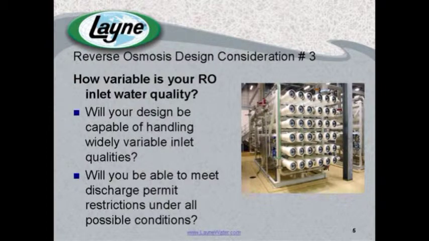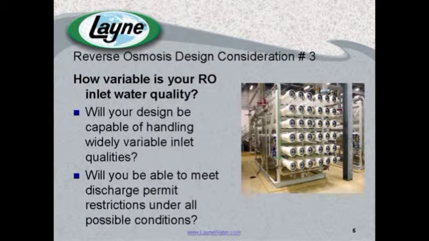On the outlet side, remember, a reverse osmosis system works by concentrating one of the streams. We call that the reject stream. And you need to make certain that under all conditions, let's just say in summertime drought conditions, that you can indeed discharge that high conductivity water that's what we term the reject coming off the reverse osmosis system.